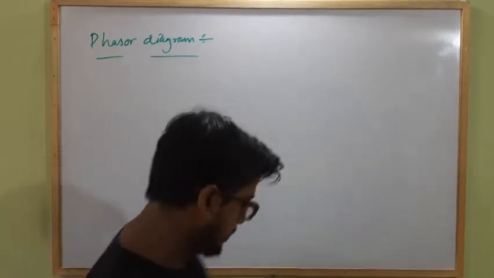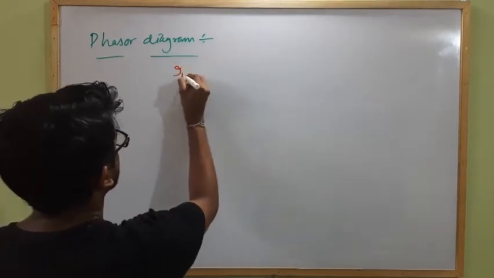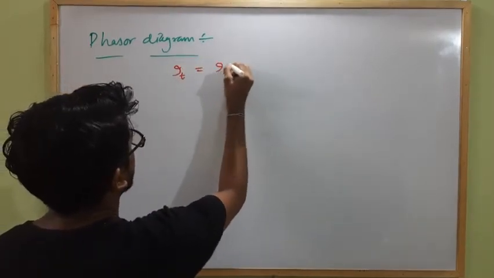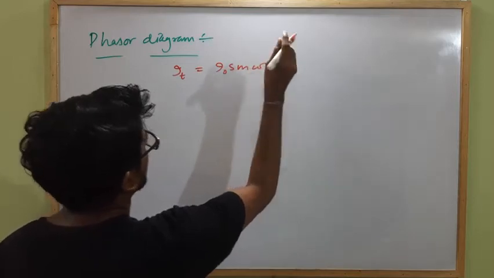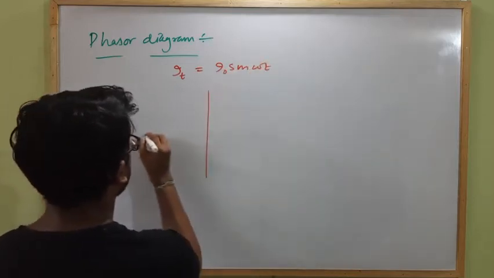Clear? That means if the instantaneous current is represented as I naught sin omega t, this can be represented by a vector quantity.